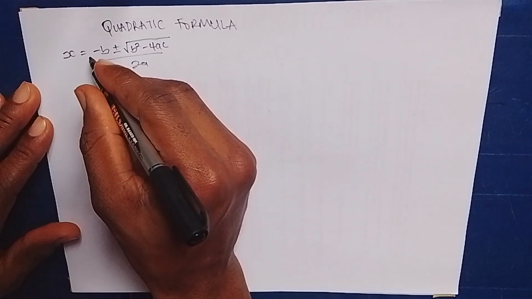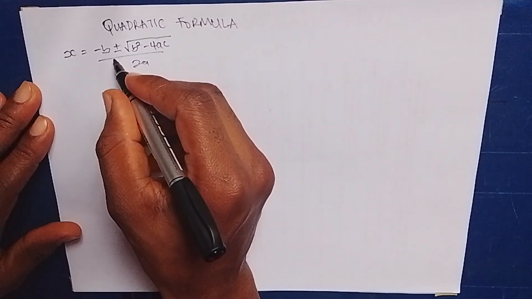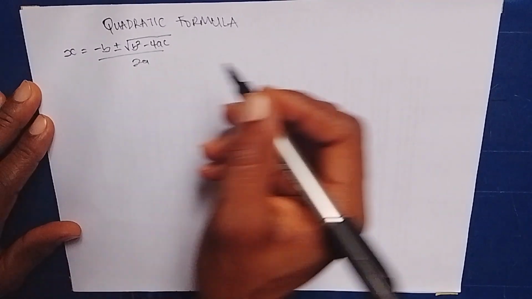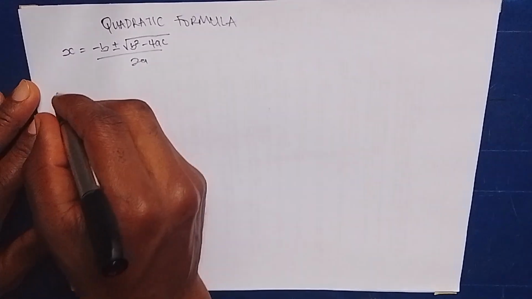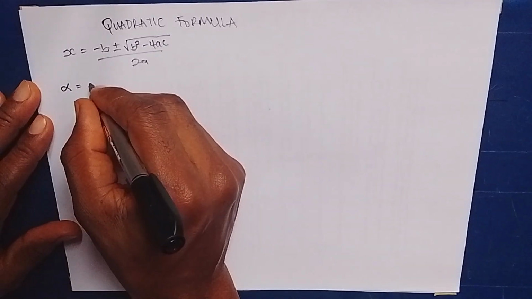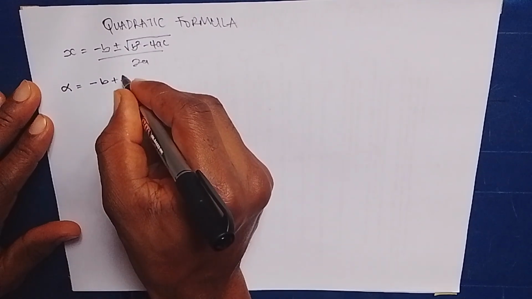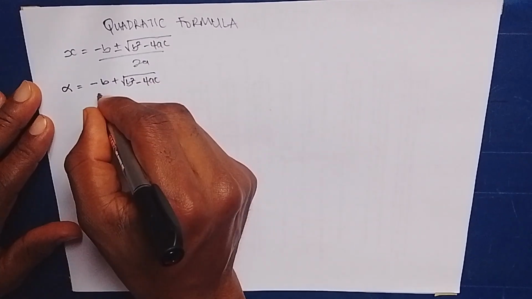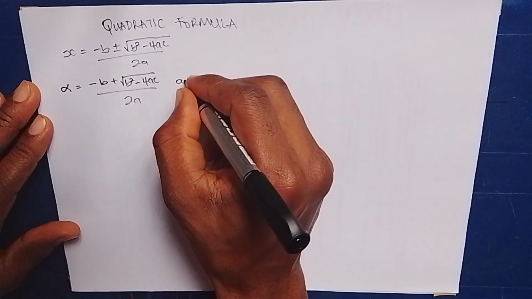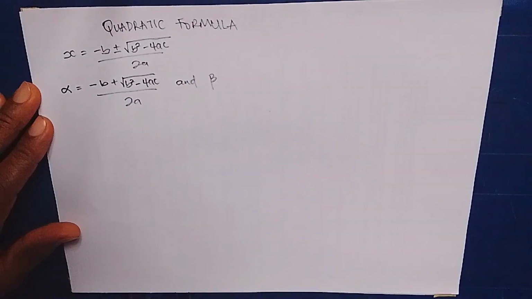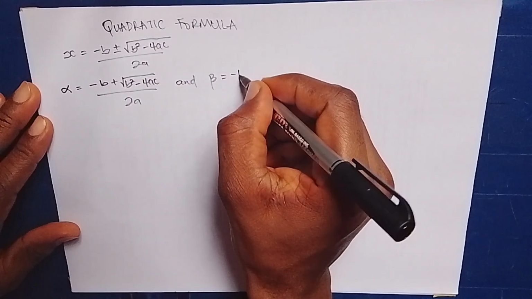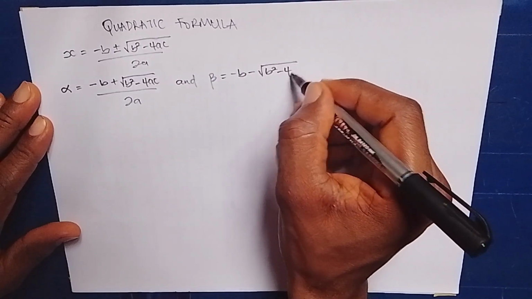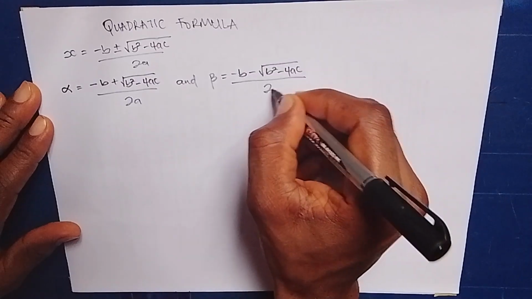Now, this means that we have two x values when we solve using this formula. Let's call the two values alpha and beta. Alpha will be equal to minus b plus root b squared minus 4ac over 2a. And beta is equal to minus b minus root b squared minus 4ac over 2a.